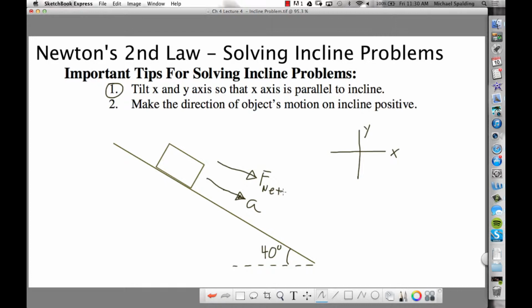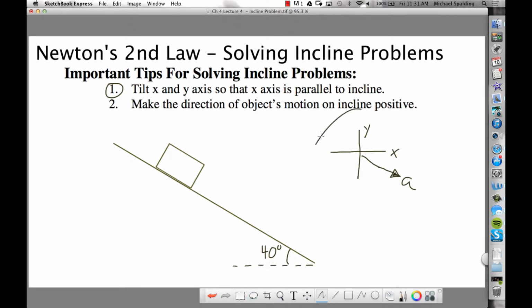You're never going to have a situation where the acceleration's one way and the net force is another. Net force and acceleration are always together. So look, if this is our acceleration, is this acceleration perfectly x, perfectly y, or is it both? It's both. See, I'm going to stick it right there. So this acceleration, it's not x, it's not y, it's both.